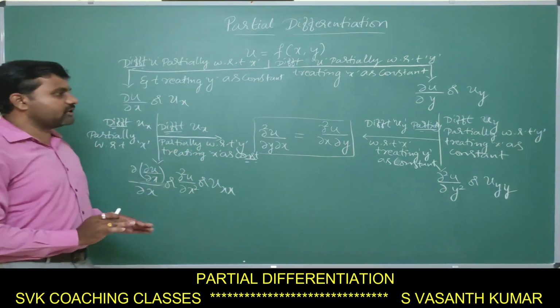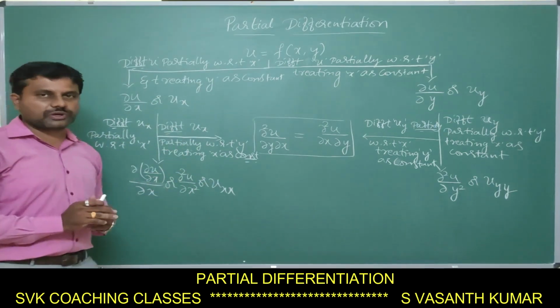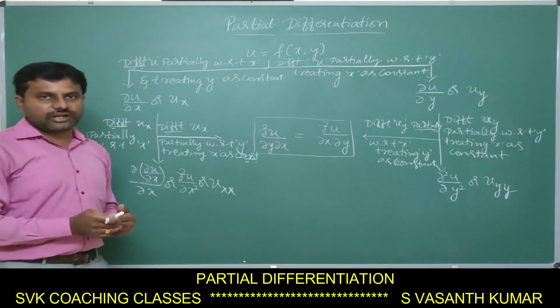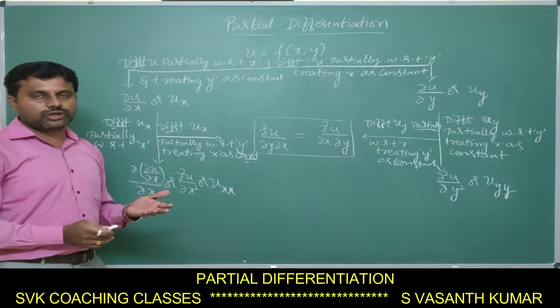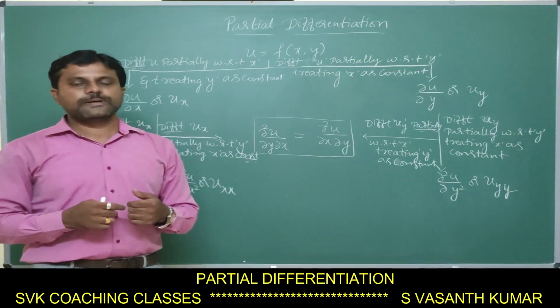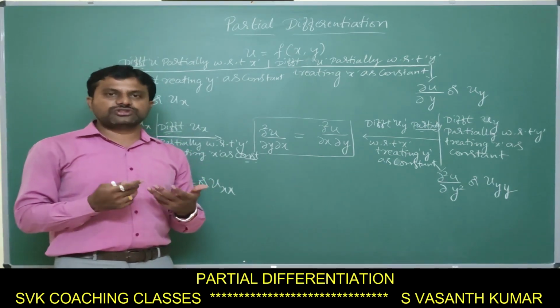The method of differentiating u partially with respect to x or y, or you may have more than two variables, say three variables x, y, z. Then you can differentiate u with respect to x, y, or z.